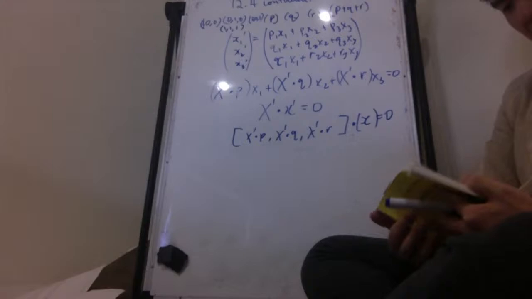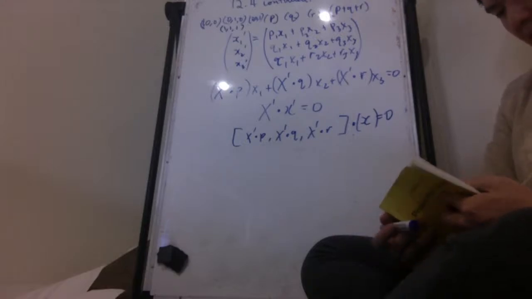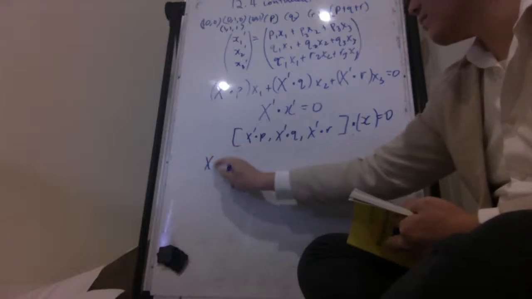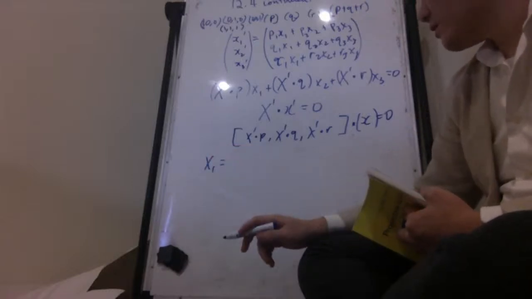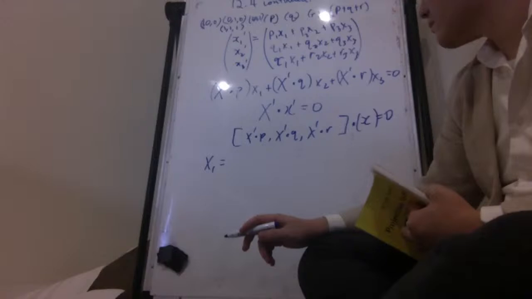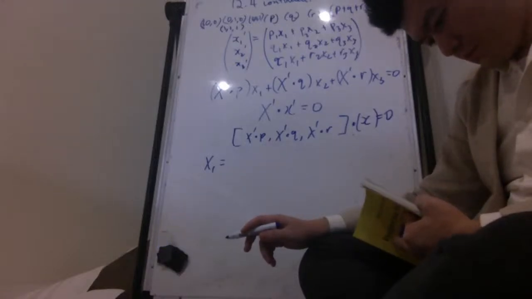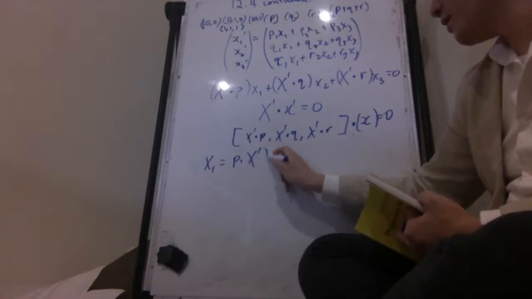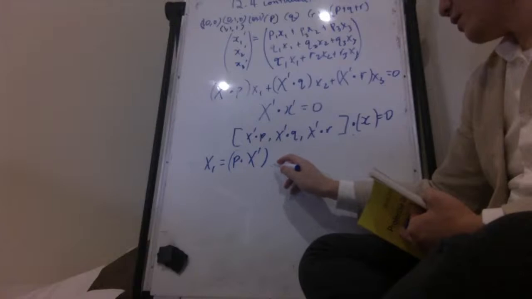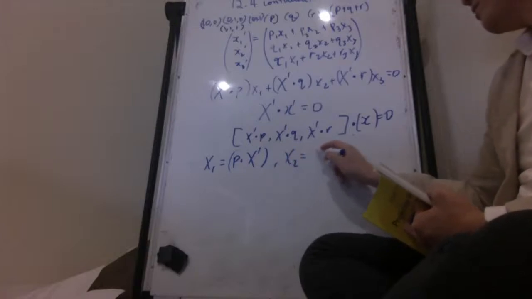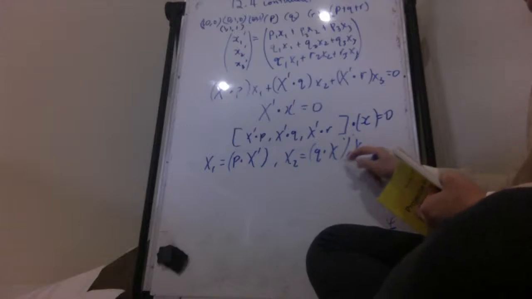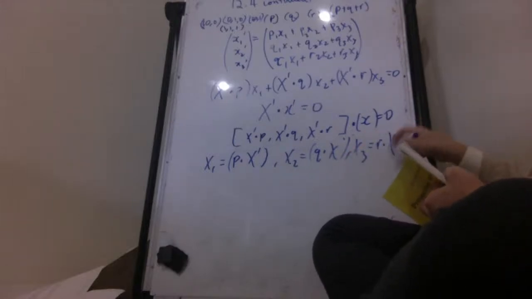They then wrote something that was confusing to us at the time: x1 equals p dot x prime, and x2 is equal to q dot x prime, and so on. x3 is equal to r dot x prime.